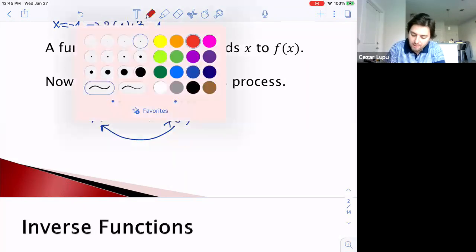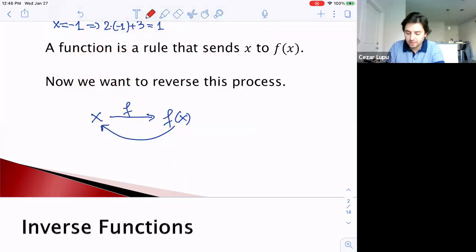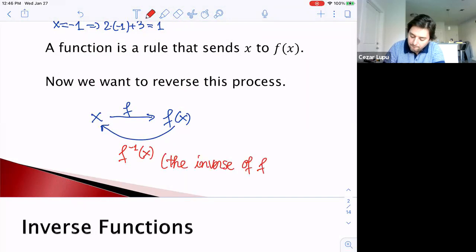The reverse of this process is what we write as f to the -1 of x, and this is what we call the inverse of f. So this will be the inverse of my function f, right?